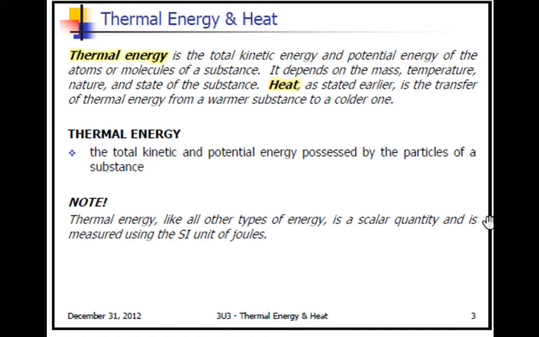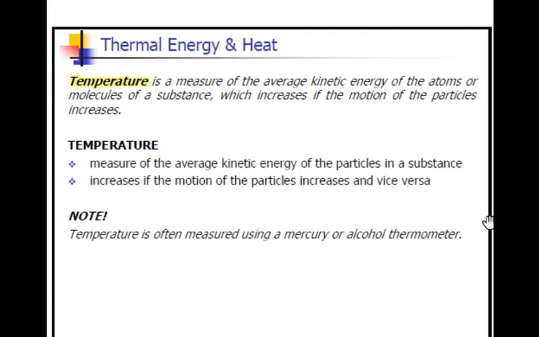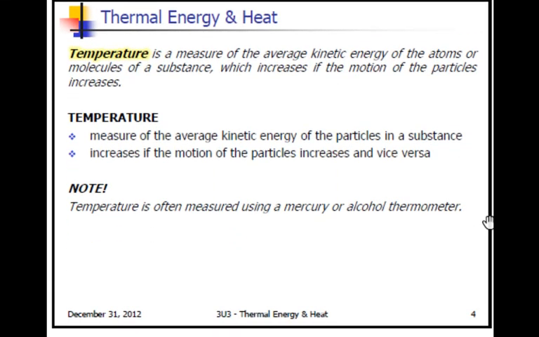So when we're talking about the total kinetic and potential energy of a substance, thermal energy is how much energy the particles in a substance have based on their movement and how much energy they can have based on their composition. So when we refer to temperature, what we're actually talking about is the average kinetic energy of the particles in a substance.